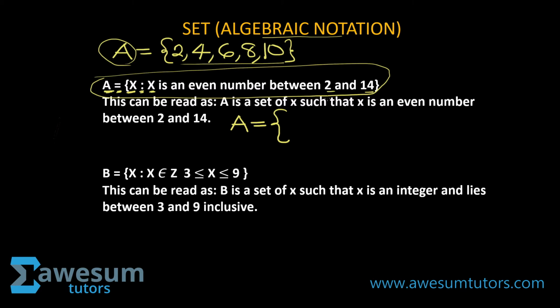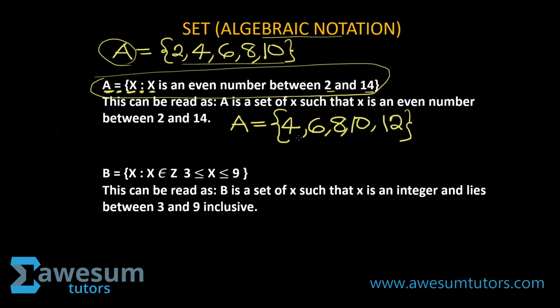Now, what are the even numbers between 2 and 14? You will agree with me that it's going to be 4. You start from 4 because 2 is not inclusive, because it says between 2 and 14, which means 2 and 14 are not inclusive. Okay, so I have 4, 6, 8, 10, and 12.